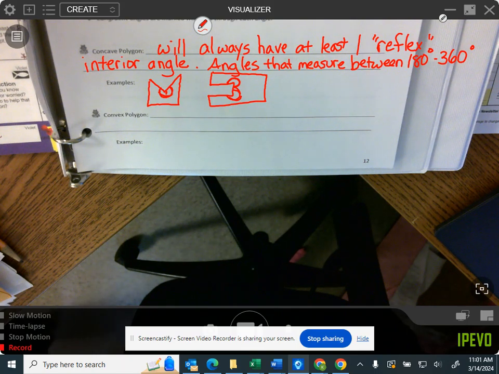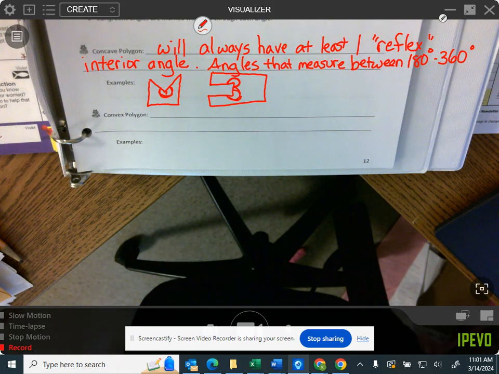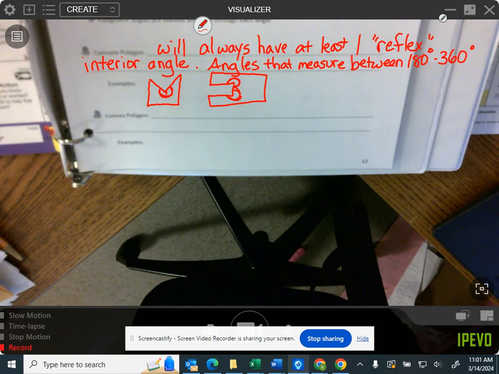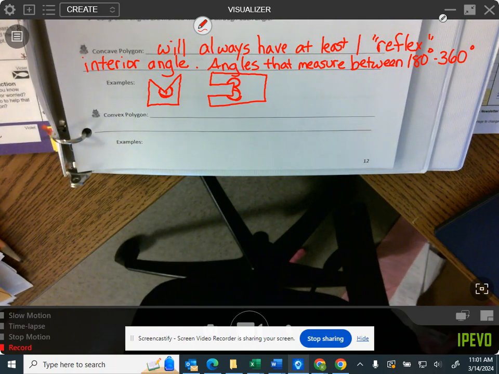Convex is the opposite. Convex has no big angles. Interior angles are less than 180 degrees.